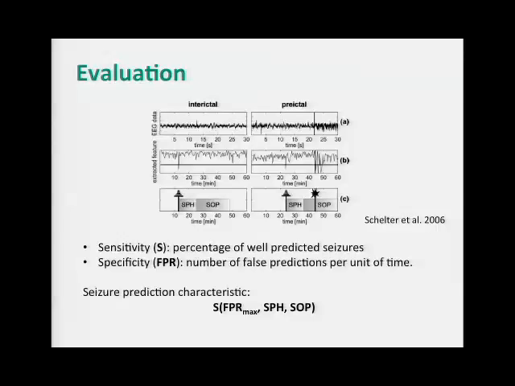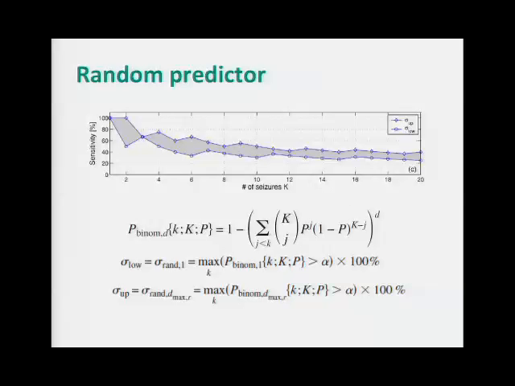But this is probably not enough. With this, we can compare methods, for example, but most importantly, and right now it's necessary, to compare to a random predictor. Why? Because we are testing so many variables, so many features, that we could predict something by chance.